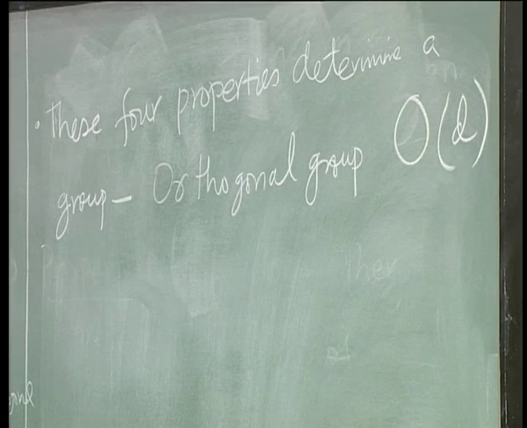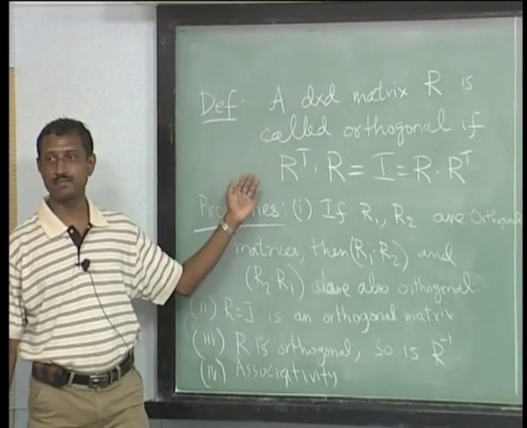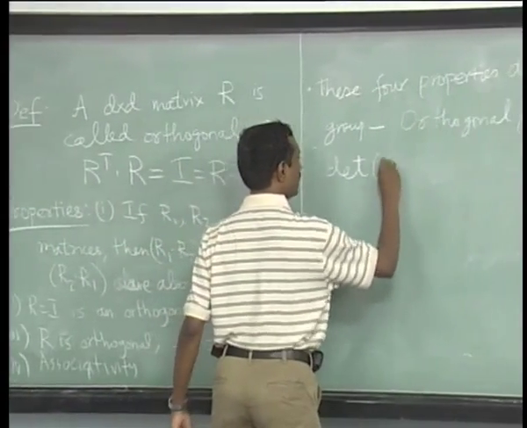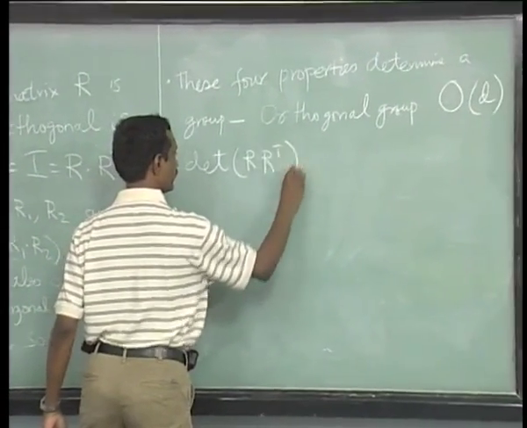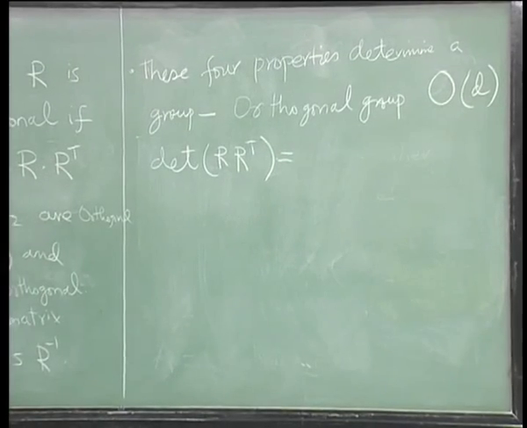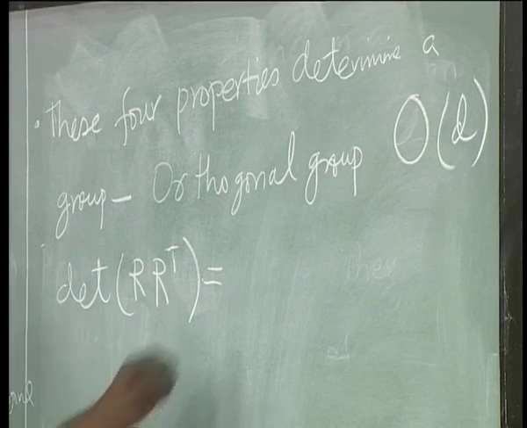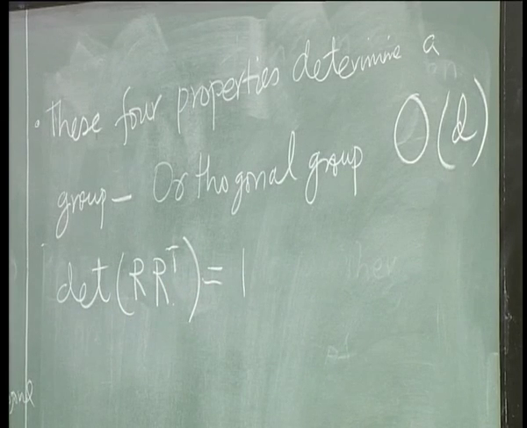Let us look at this thing and let us take a determinant of this. What is determinant of R transpose R? If you use this fact that it is orthogonal, it is equal to 1. But what is the determinant of product of two matrices? It is a product of the determinants.